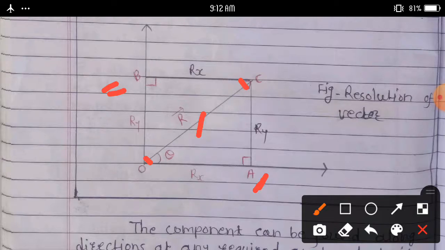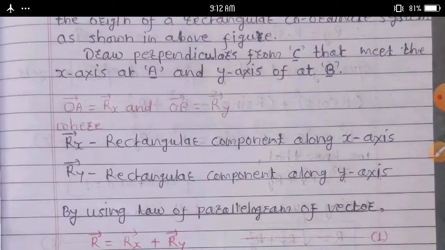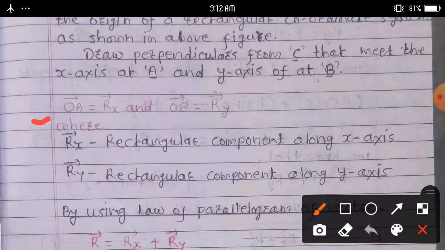Now OA bar is equal to Rx bar and OB bar is equal to Ry bar. Here Rx bar is the rectangular component along the x-axis, Ry bar is the rectangular component along the y-axis.